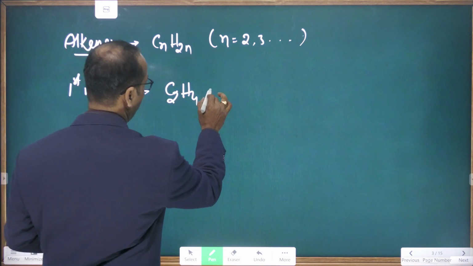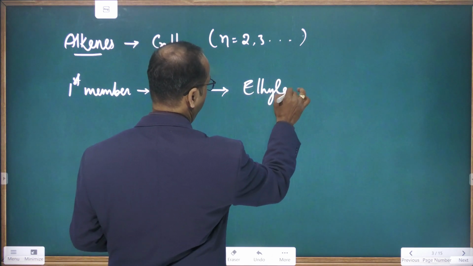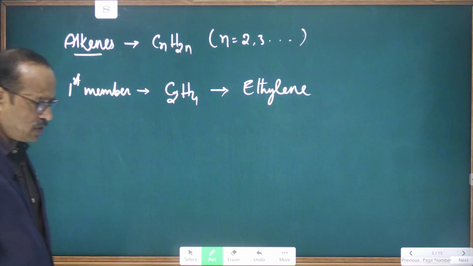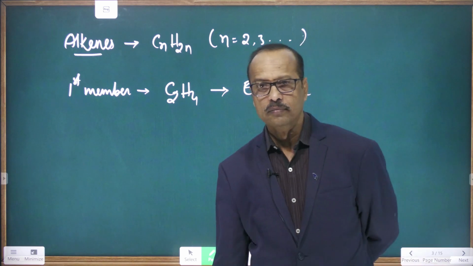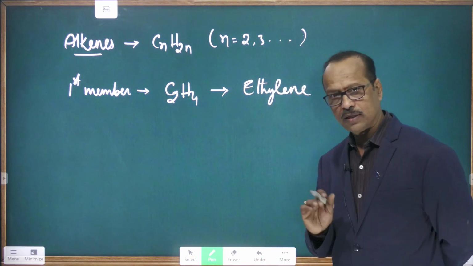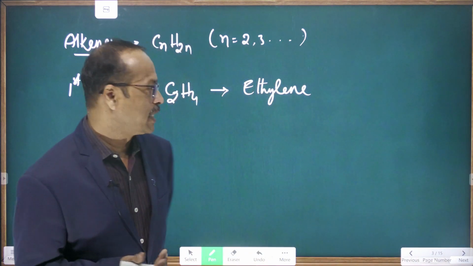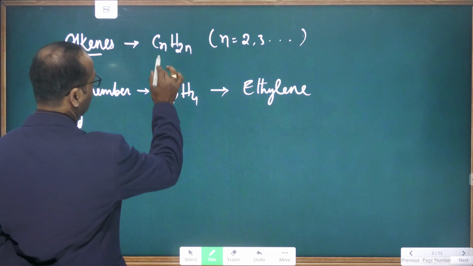C2H4. Okay, so this is what? Ethylene. C2H4 is called what? Ethene. Actually, I told you that ethene, that's also correct, and I'll come to that also. But here it is called ethylene. Anything you can say. This is the first member. Now, what's the second member? Here 2 becomes 3.